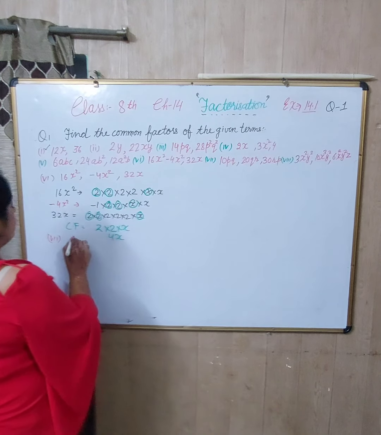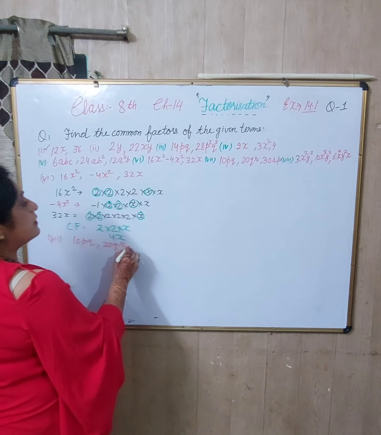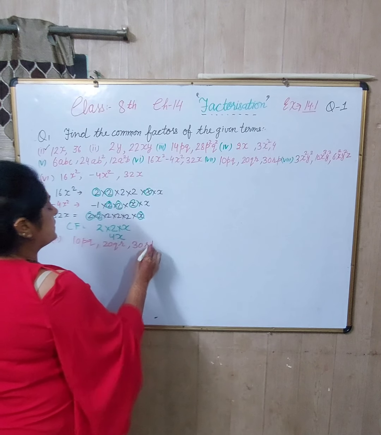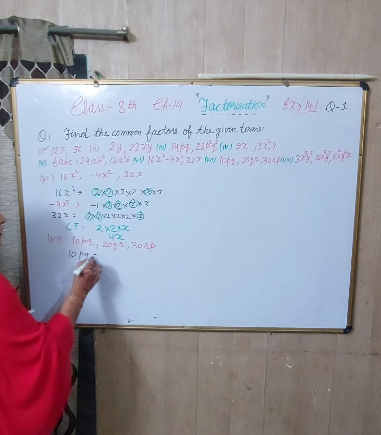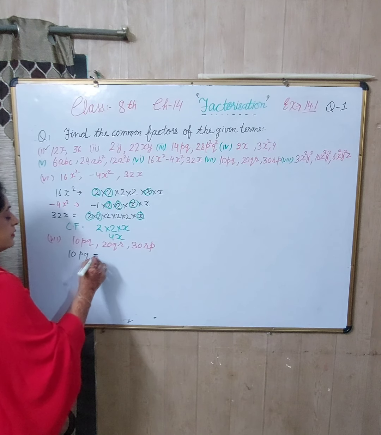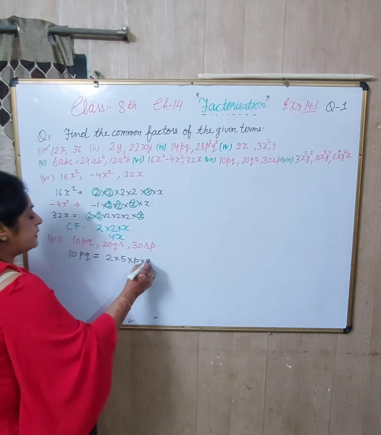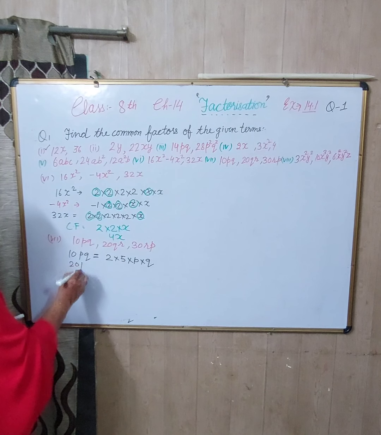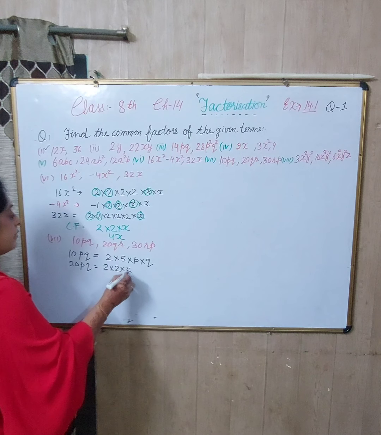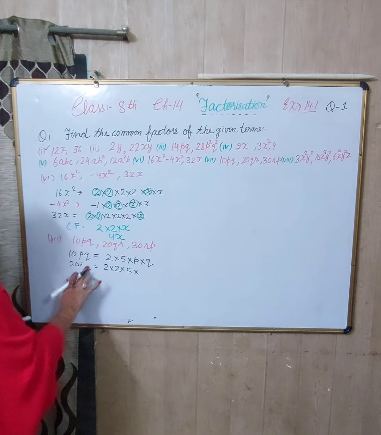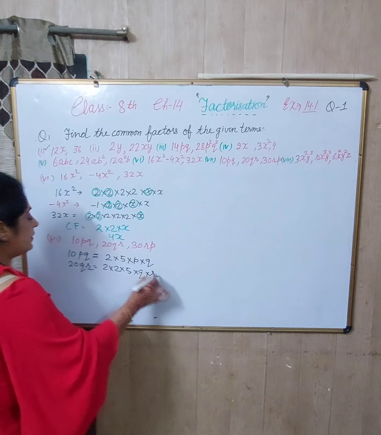Now the 7th part is 10pq, 20qr and 30rp. 10pq you can write as a product of natural numbers: 2 multiply 5 multiply p multiply q. 20qr is 2 multiply 2 multiply 5, multiply q multiply r.